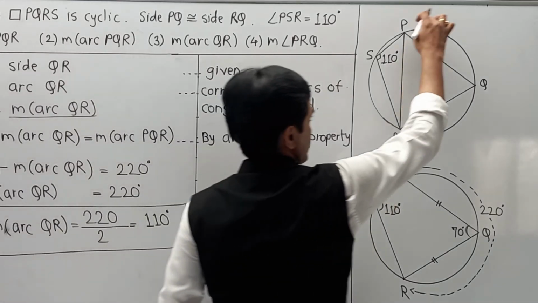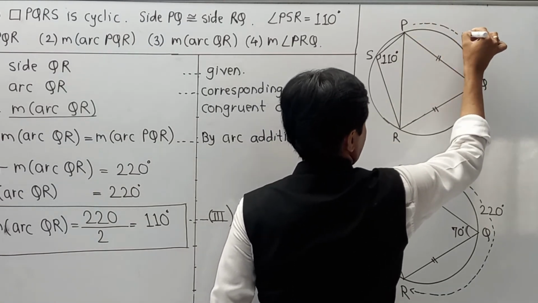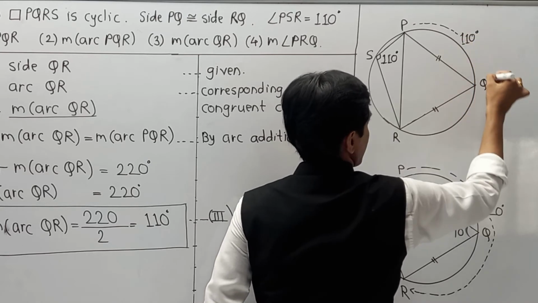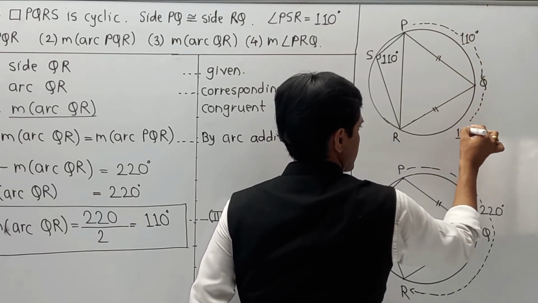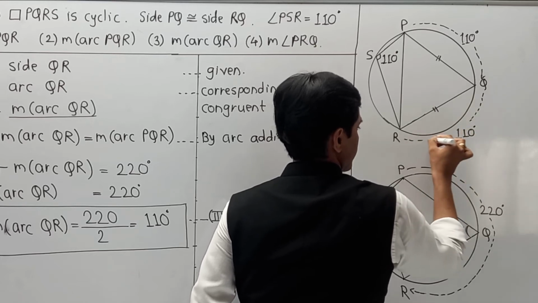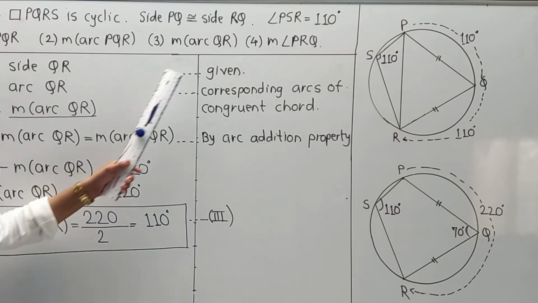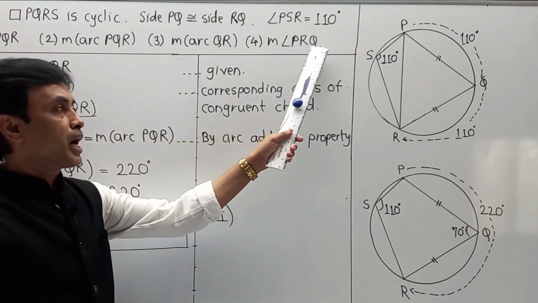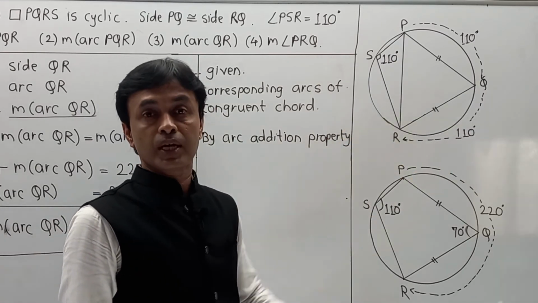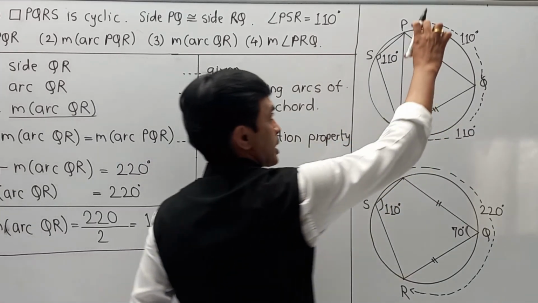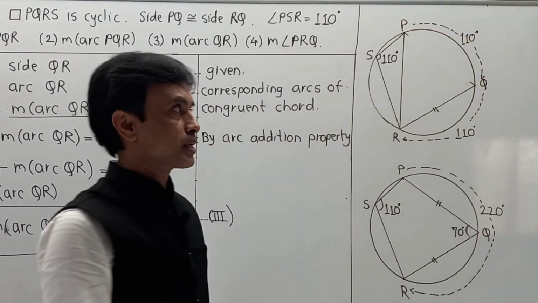Major arc PQ, this becomes 110, and major arc QR is also 110. And now we are interested to calculate major angle PRQ. P is over here, R is over here, Q is over here. Just for your simplification, I am going to remove this line, so you can easily understand the part.